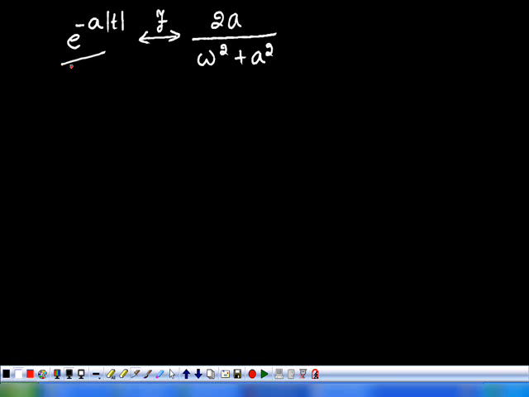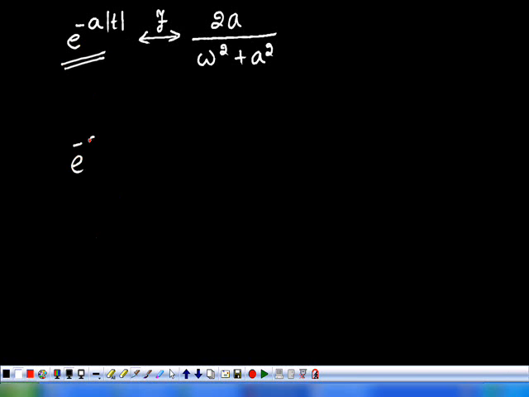See, we already know that e power minus a mod t, the Fourier transform of this is equivalent to 2a divided by omega square plus a square. So what is this? Two-sided exponential. The Fourier transform of a two-sided exponential is equivalent to 2a divided by omega square plus a square.